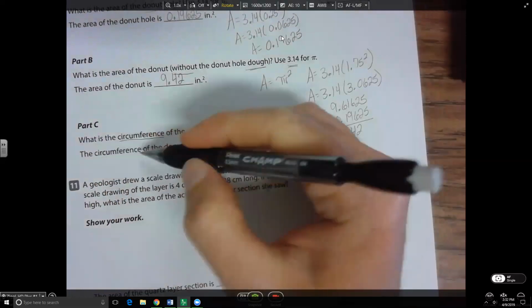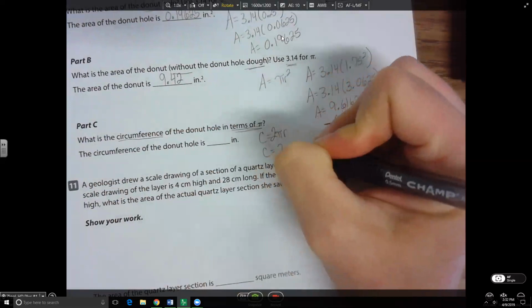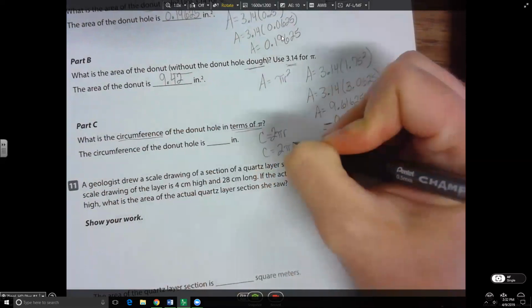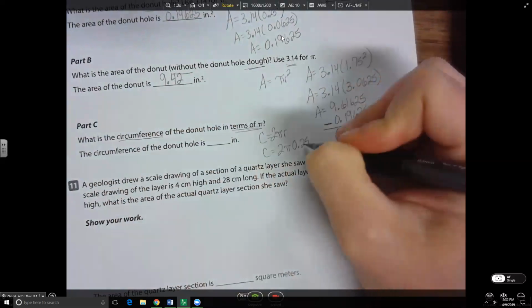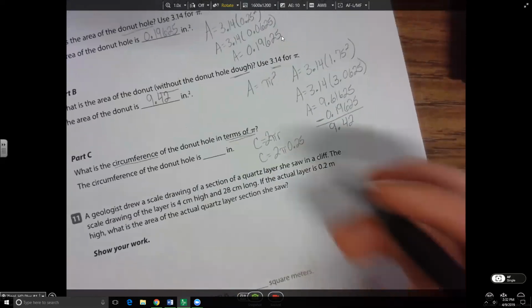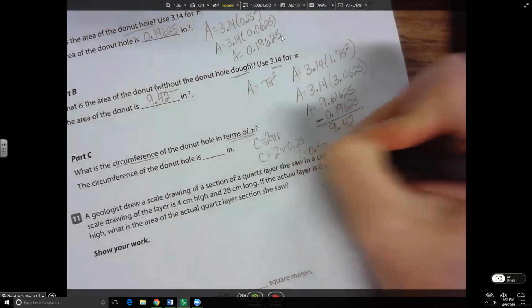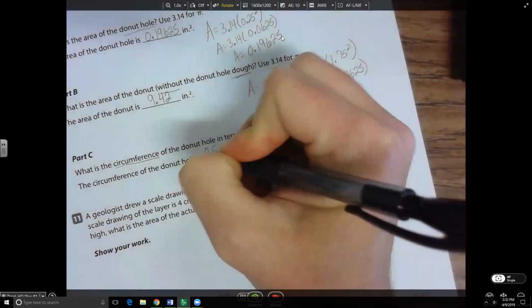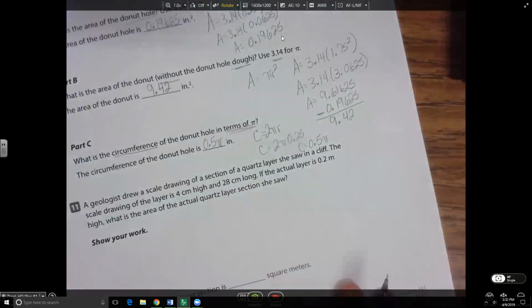So the circumference of the donut hole would be 2 times pi times my radius, which is 2500. So in this case, I would only multiply 2 times 2500, which is 5/10. So I get 5/10 pi. And I have to leave that pi symbol in there because it says in terms of pi.